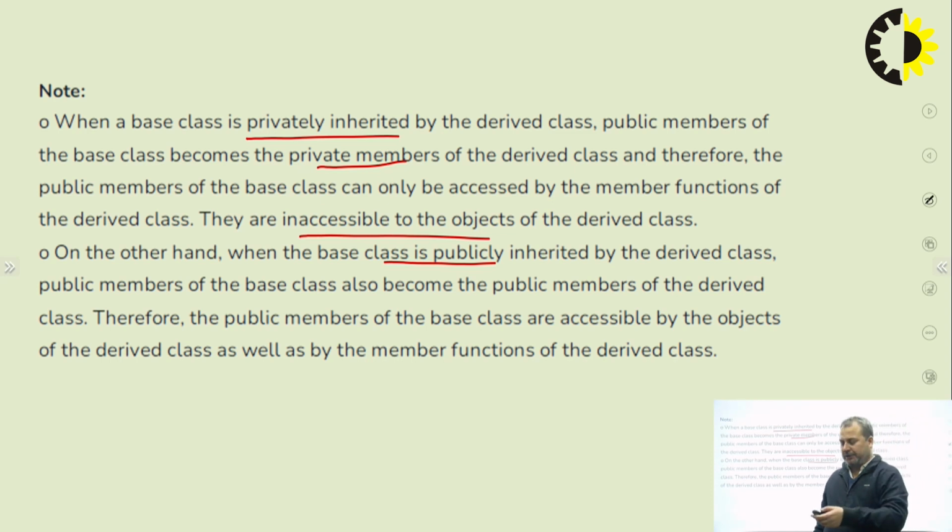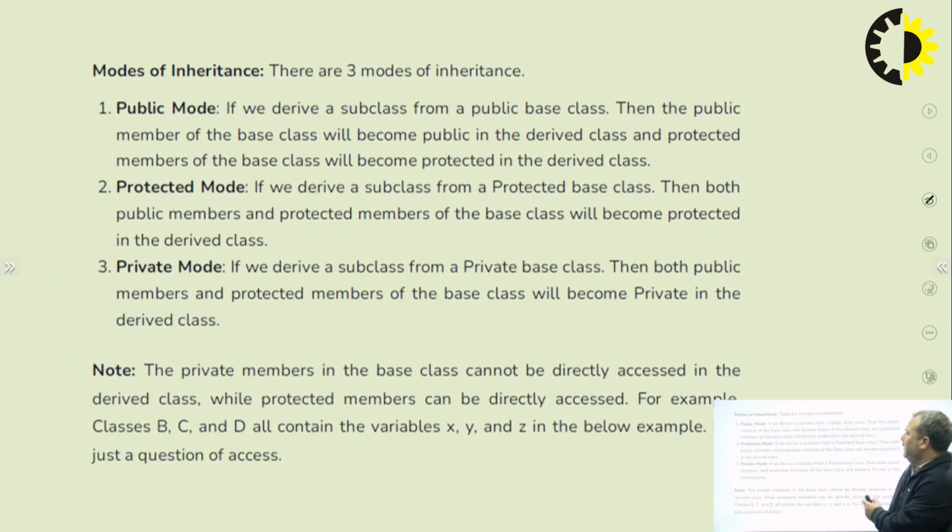Okay, so this is one thing. Again, the same thing has been written here. Now, private data of any class cannot be accessed by the object of that class, right? Public data can be accessed, or even the function.